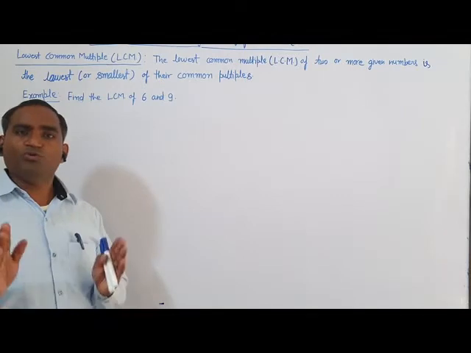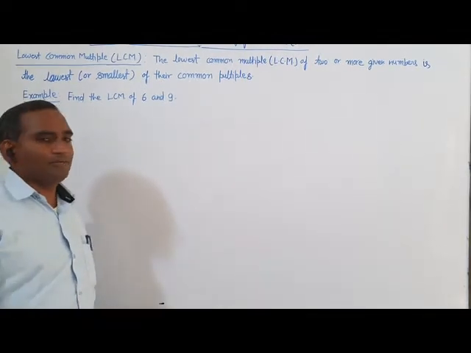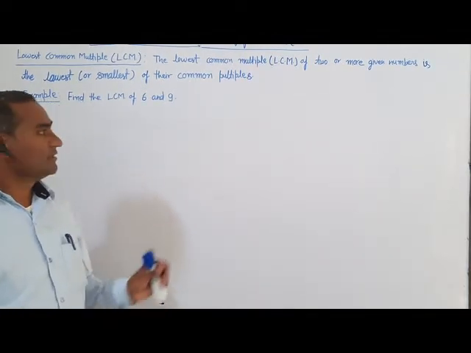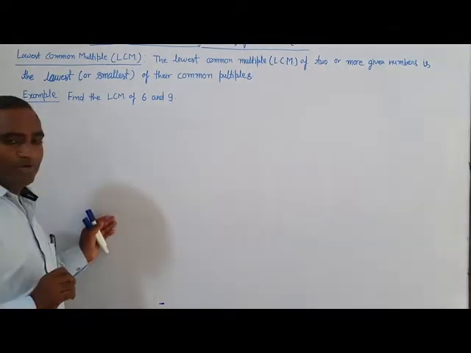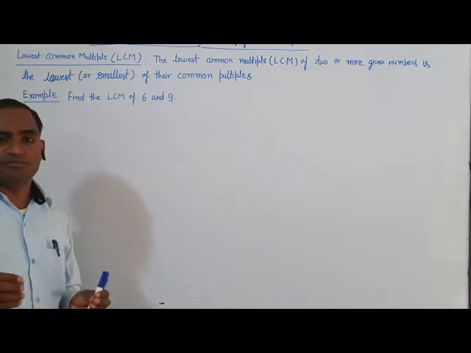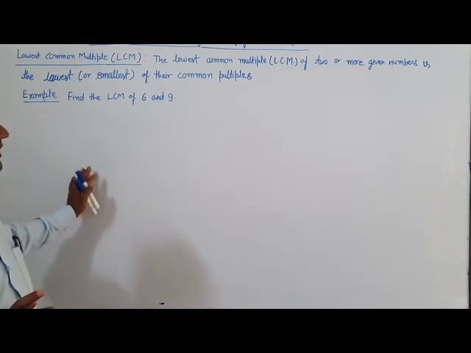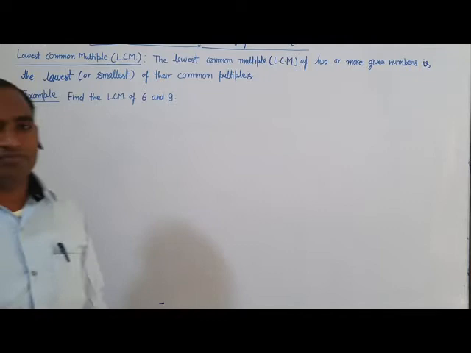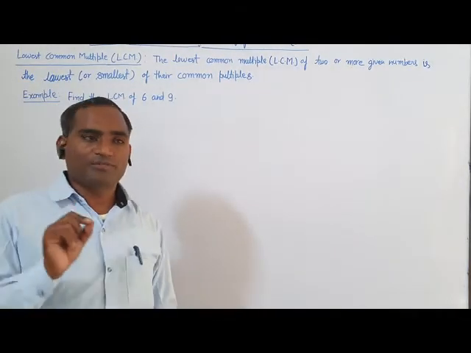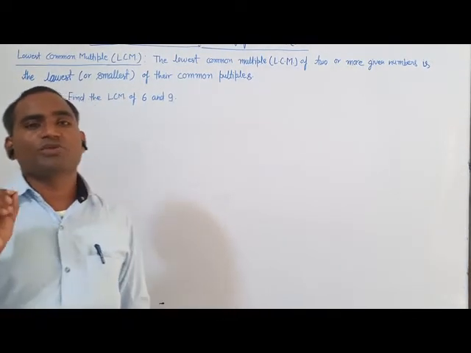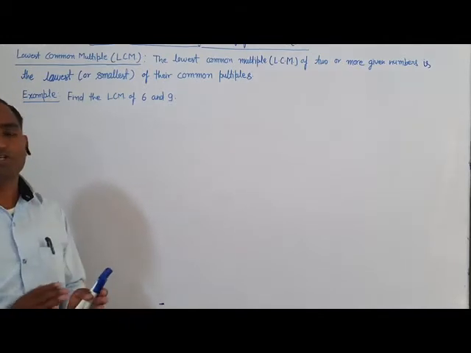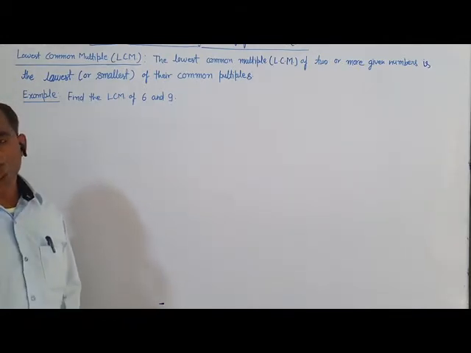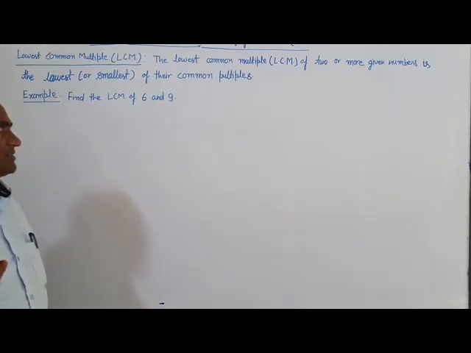All of you know that a multiple of any number is the product of the number and a natural number. If you want to find the multiples of any number, you have to multiply that number by natural numbers. The product of any number with a natural number is called a multiple.